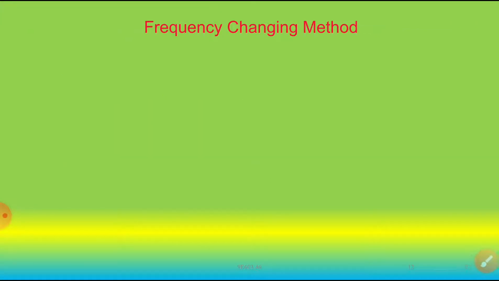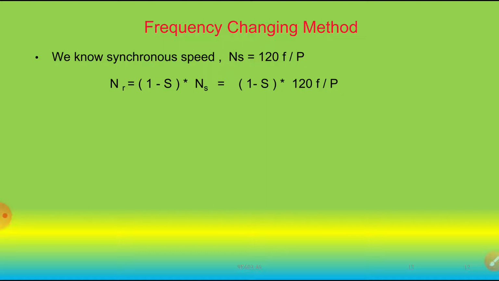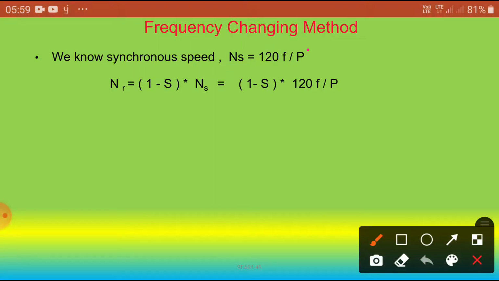First of all, the frequency changing method. We know that the synchronous speed Ns is equal to 120 f by P, and the rotor speed Nr is equal to 1 minus s into the synchronous speed. Substituting Ns in this equation, we get this one.